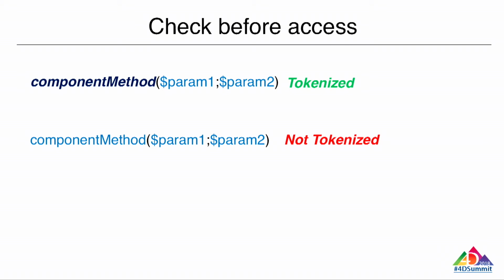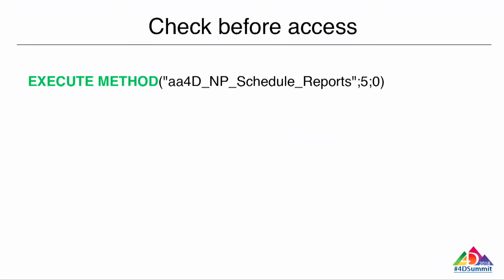You can use a command like EXECUTE METHOD to actually put in the text of the command. An example would be the information component that we, as tech support, asked everyone to use if there are issues or just to get a status of your database.